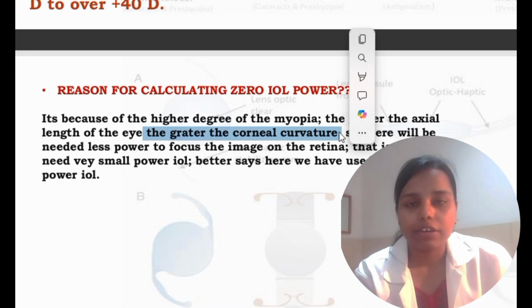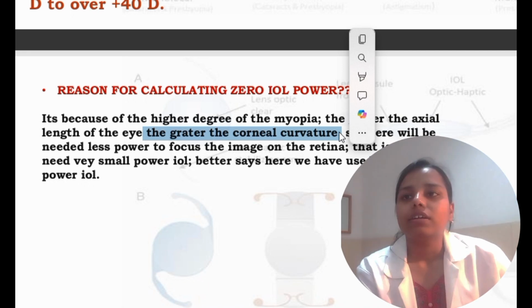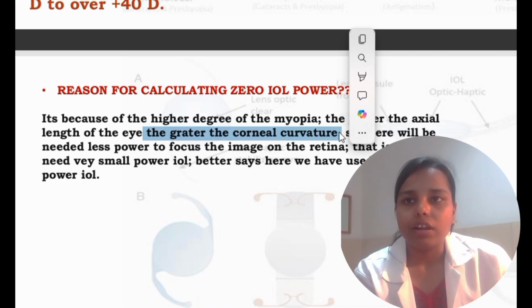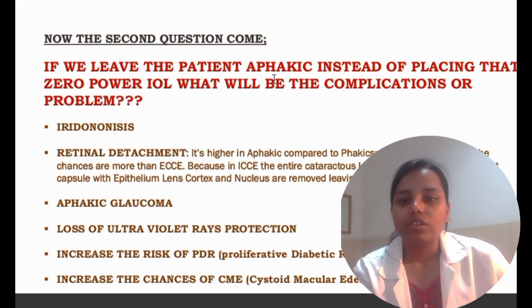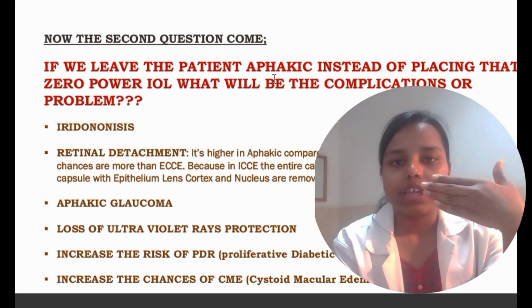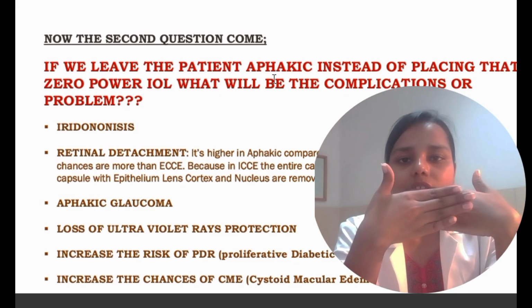Okay, I was telling you guys why, if we leave the patient aphakic instead of placing that zero power IOL, what will be the complications or problems? The first complication will be iridodonesis. I don't know if you guys are aware of iridodonesis or not, but I am letting you know: iridodonesis is when the lens is not there, the iris is in front of these things now.